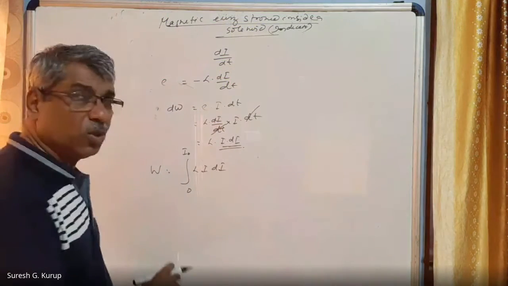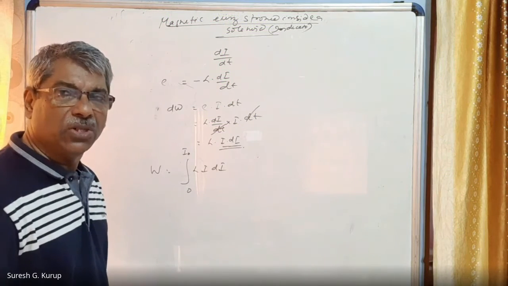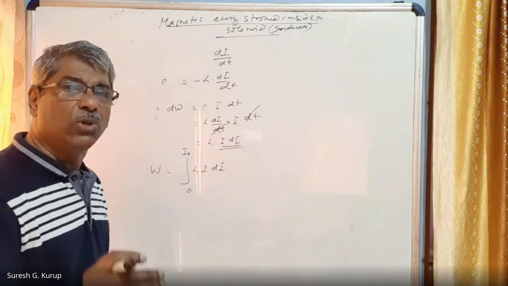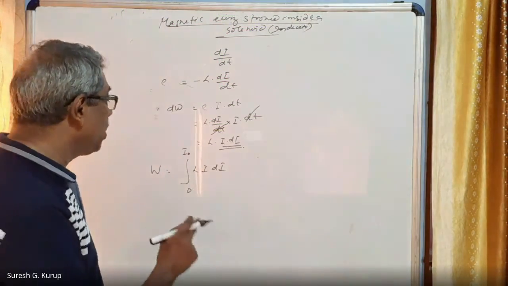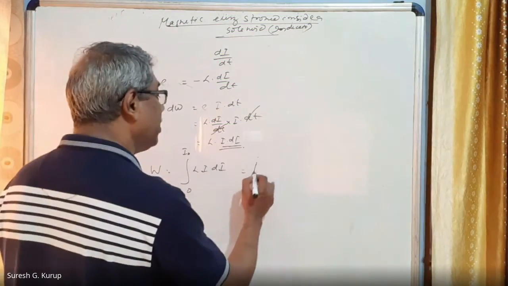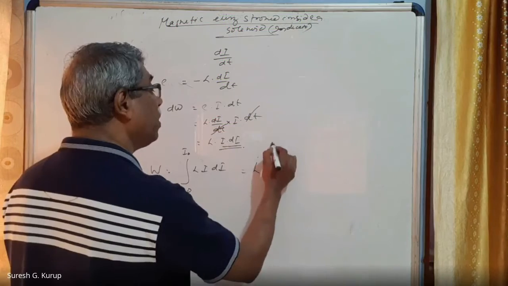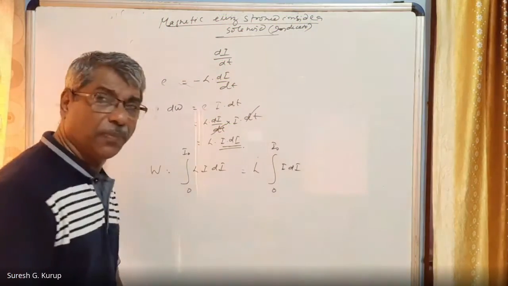by the source, the current is always changing through the inductor, right? When a potential is applied, the current gradually increases. So to send the current from 0 to I0, the total work done is, okay, L can be taken outside. That is L into the integral from 0 to I0 of I dI.